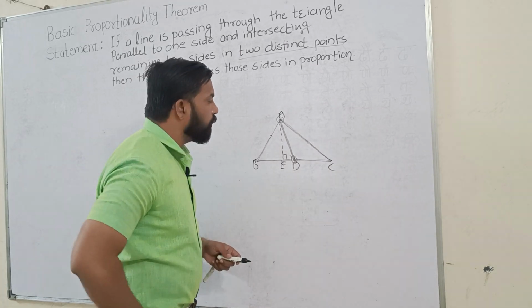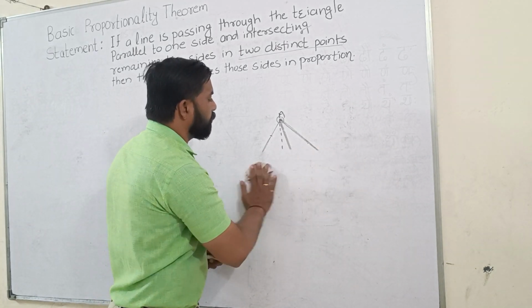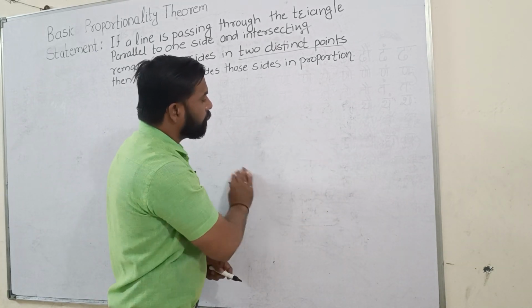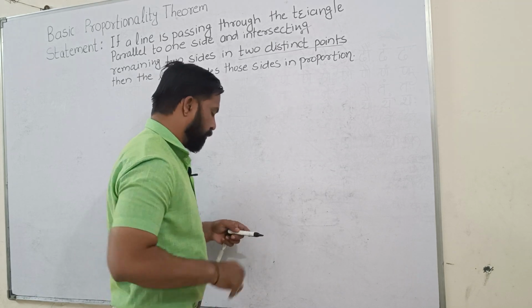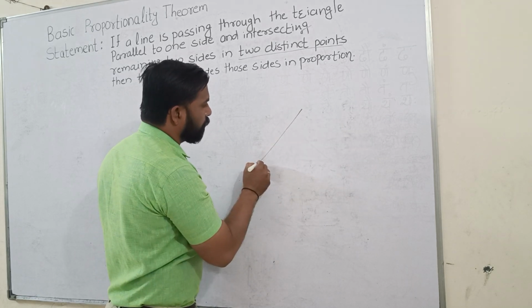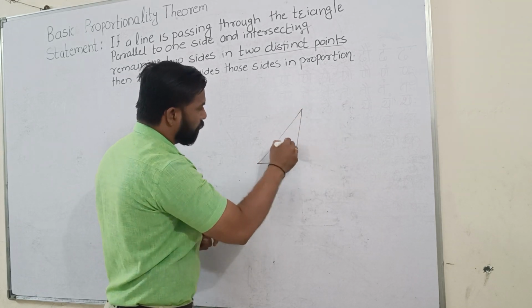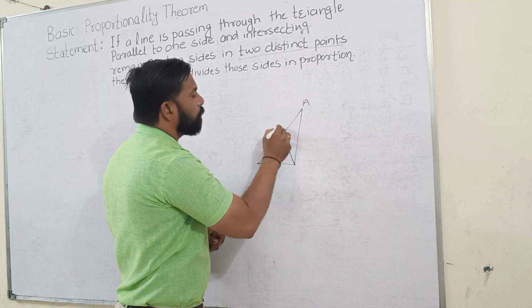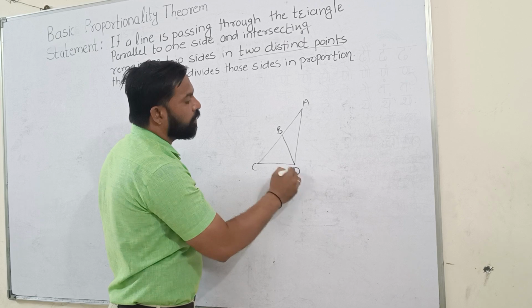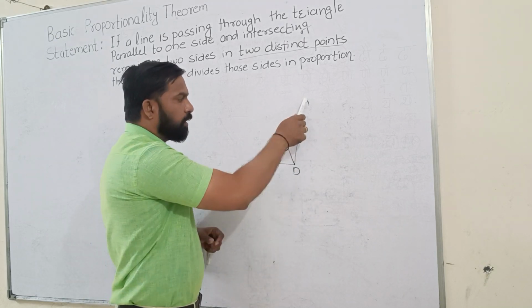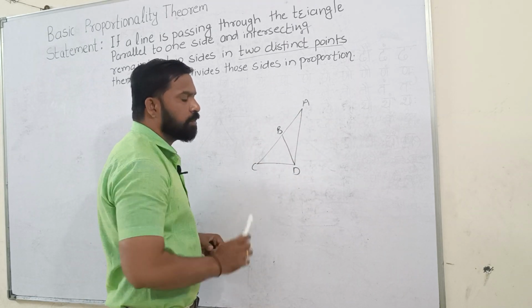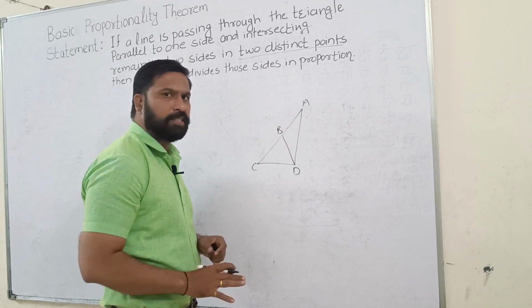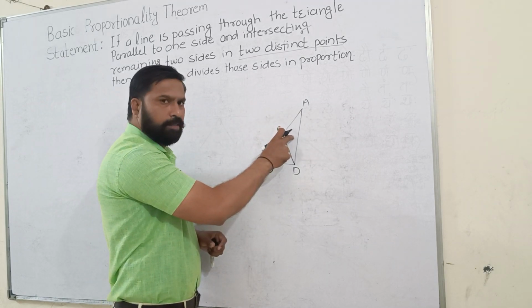One more example I will give you, so you can understand it better. Here there are two triangles, A, B, C, D. Two triangles ABD and DBC. Actually three triangles are there, but we will consider these two triangles.